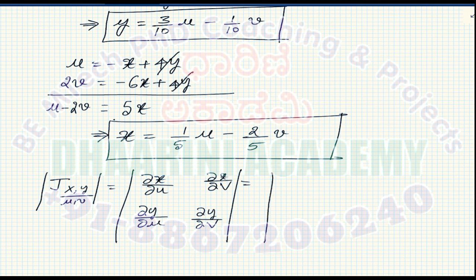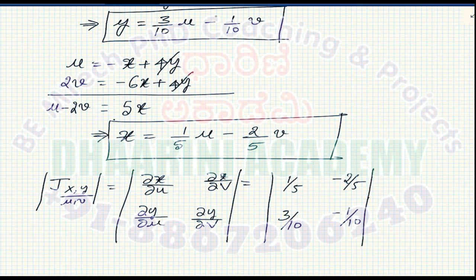So dou x by dou u is 1 by 5, dou x by dou v is minus 2 by 5. Then we have 3 by 10, and then minus 1 by 10. How to get this?